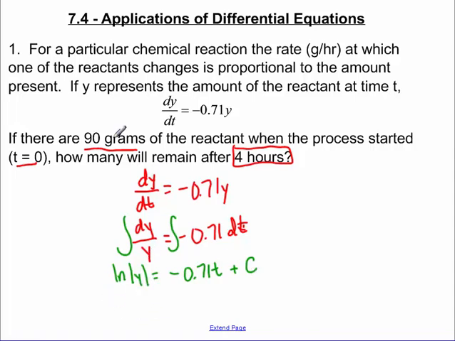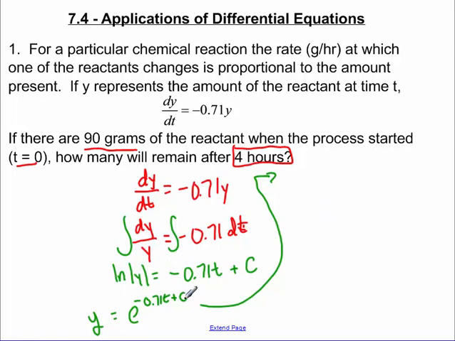Since y is positive, 90 grams at t equals 0, we can write this as an exponential. We don't have to worry about these absolute value signs. So e to the negative 0.71 t plus c is equal to y. Now that plus c, it's a little deceiving how I wrote it. That plus c is actually still part of our exponent.